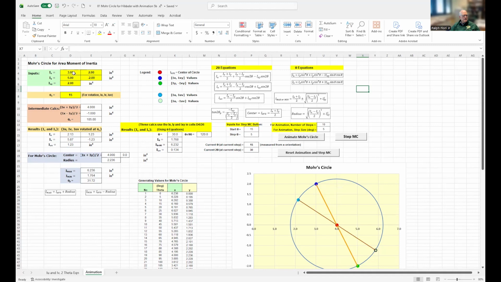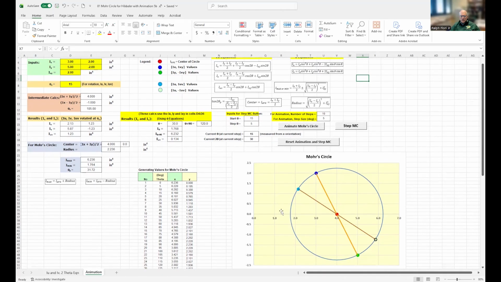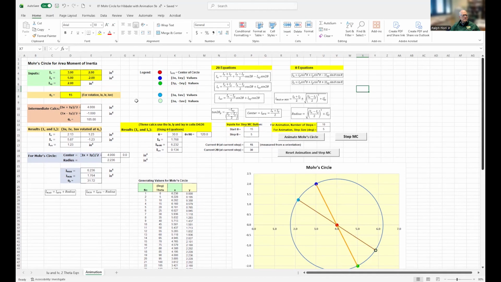In this case, IX is positive and IXY is positive. Remember, the horizontal axis is area moment of inertia. The vertical axis is IXY. Our IY plots as 5 and -2, so it's 80 degrees apart from X. And that's the green circle.